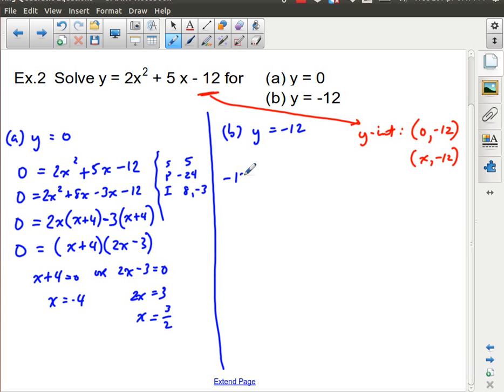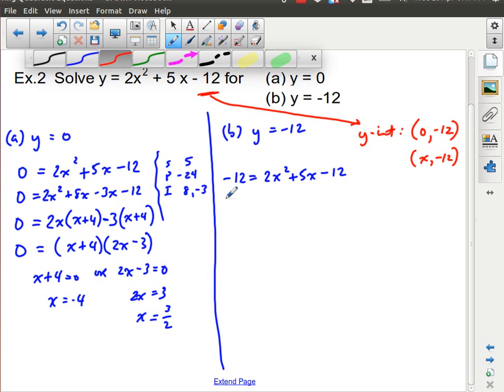So the left side becomes negative 12. The right side is 2x squared plus 5x minus 12. Now the thing that's different here is I don't want negative 12. Whenever we solve by factoring, it's always a factor times a factor equals 0. And I need the same thing here.